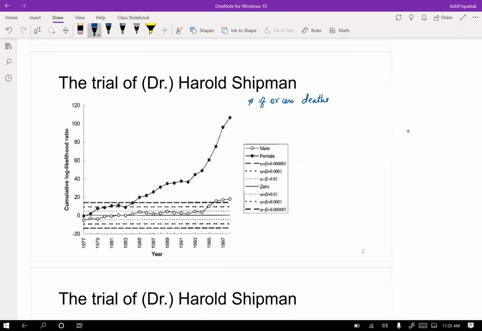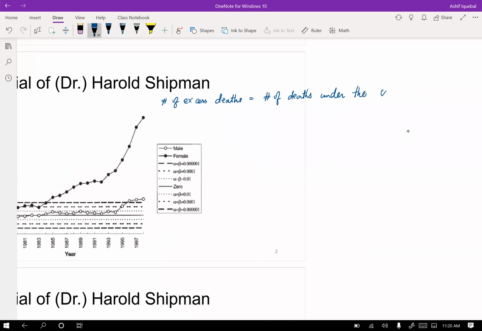What this means is this is equal to the number of deaths under the care of Harold Shipman, I'll just say HS, minus the number of deaths expected after a surgery.